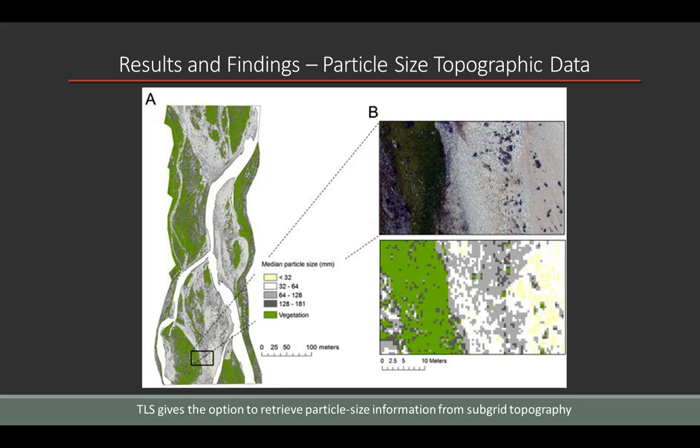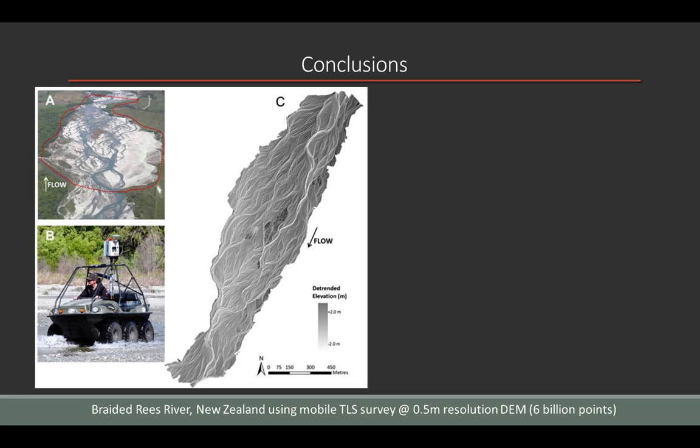An added bonus to the scanning was that they were able to do some post-processing and distinguish what was vegetation, what was granular sand, what was cobblestone, whatever made up the bedrock of the river.